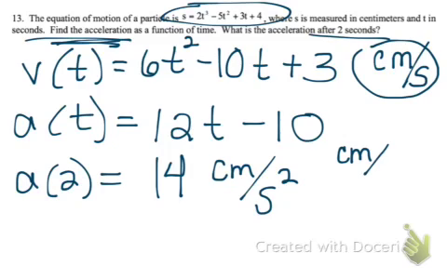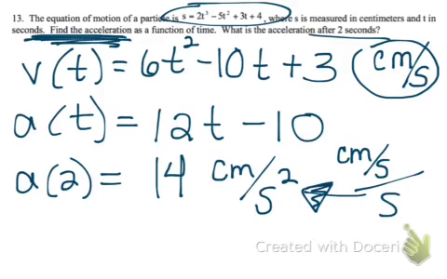So acceleration would really be the change in velocity in terms of time. So it would be centimeters per second per second, which is centimeters per second squared. So anytime now you're asked for velocity or acceleration, you're just finding the derivative, and we can use the power rule now instead of using the actual limit formula.